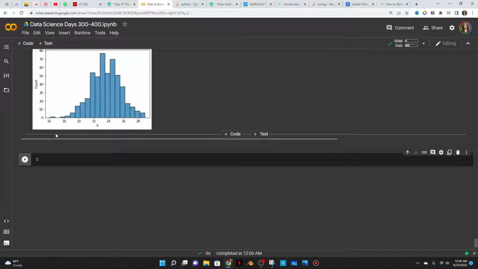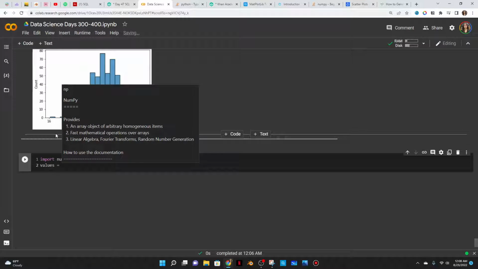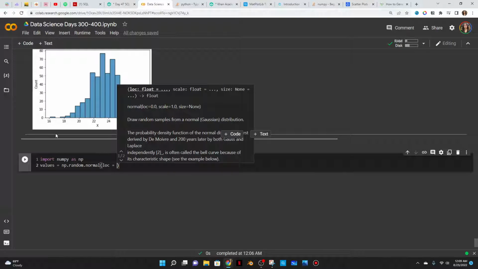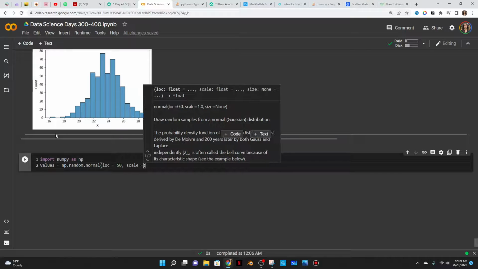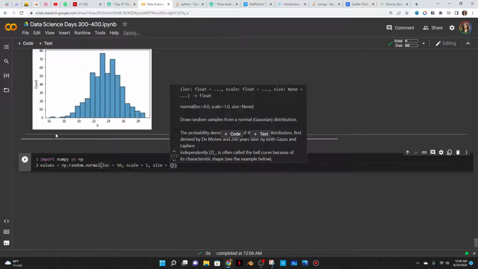So if I just import numpy as np, and then I do my values and then do np.random.normal with a mean of 50 and a standard deviation of 1 and then a size of 1,000.